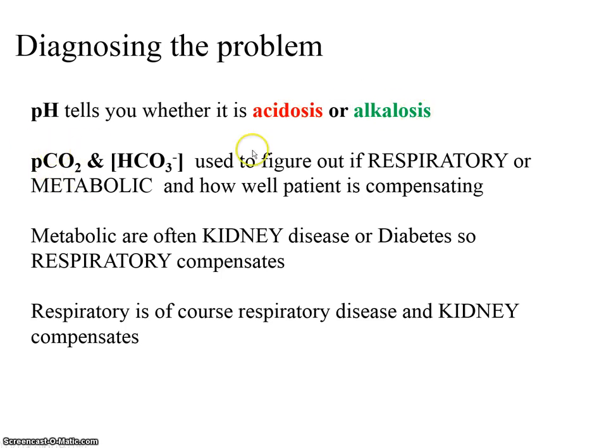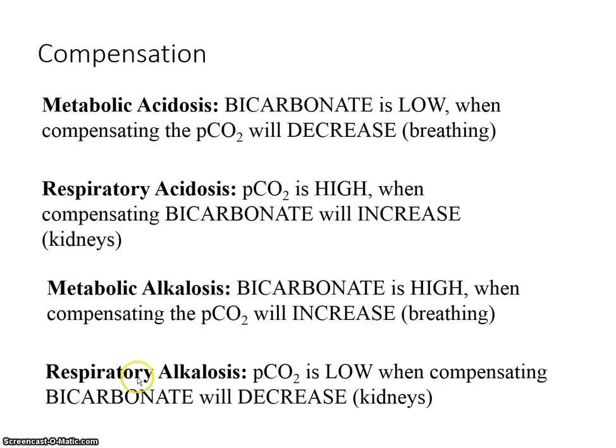Levels of carbon dioxide usually are used for respiratory, while concentration of bicarbonate is usually a diagnosis for metabolic. But we are looking at compensation here, so we see changes in these things as well. Metabolic imbalances are often kidney disease or diabetes, and so the respiratory system compensates. Respiratory is, of course, respiratory disease, and the kidney compensates, so we want to be aware of this.